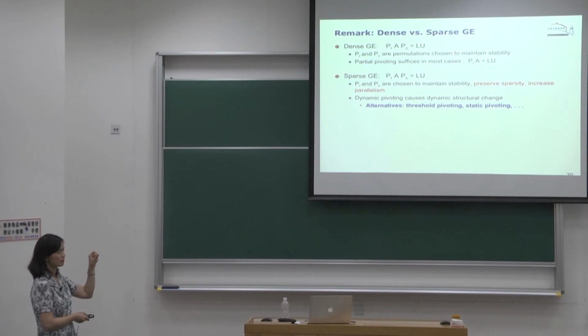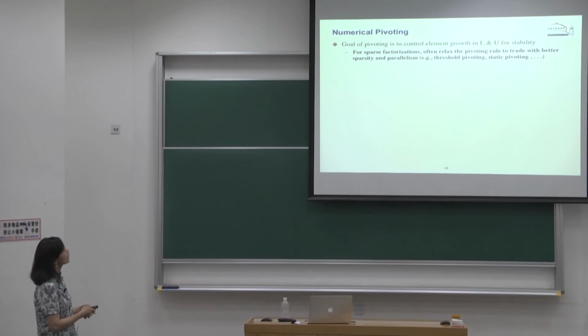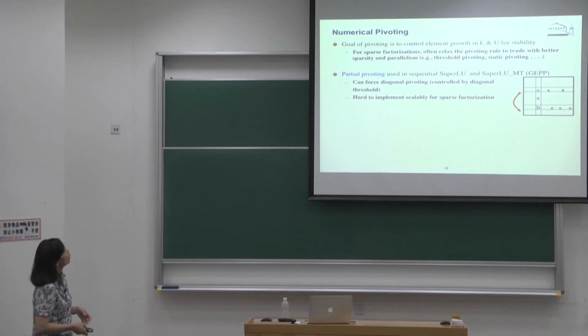And this element's connectivity to the neighbors maybe is small, so that gives you better sparsity. So that's the trade-off between stability and sparsity. So there are a lot of trade-off criteria people will think about for sparse factorization. So I just want to mention a little bit the issue of pivoting in the sparse case.